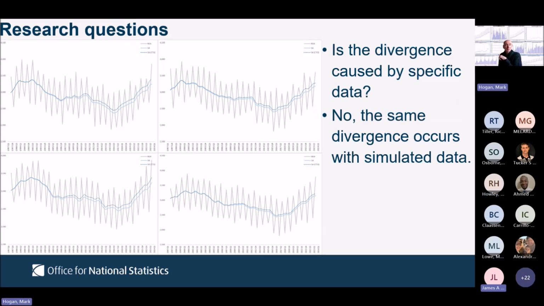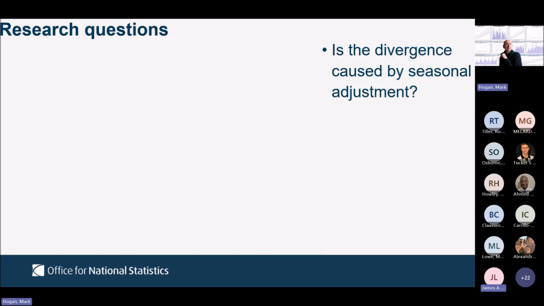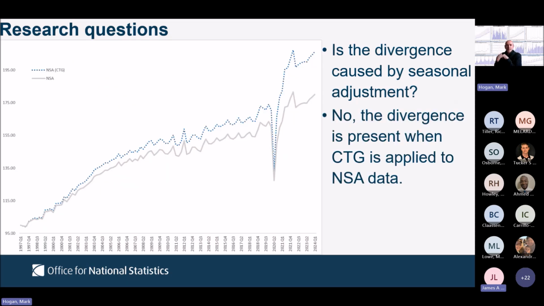This led me to my next question, which was whether this is something caused by seasonal adjustment in its own right. And so what I did next was I applied the contribution to growth method as the business area was using it, but straight away to the non-seasonally adjusted series.